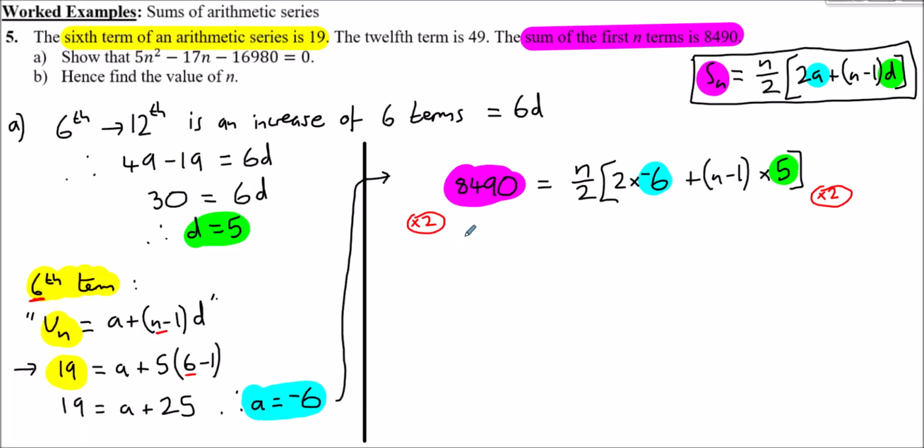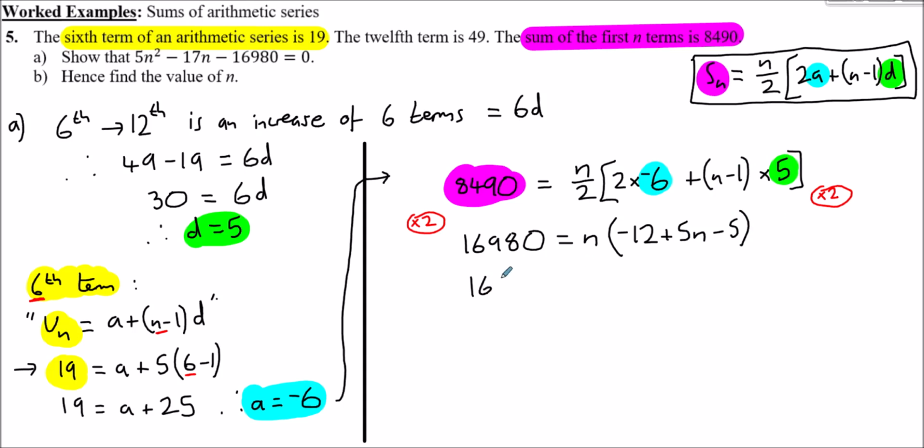So 16980 equals n. Then 2 times minus 6 is minus 12. N minus 1 times 5. That's going to give us n times 5, which is 5n. Minus 1 times 5 is minus 5.